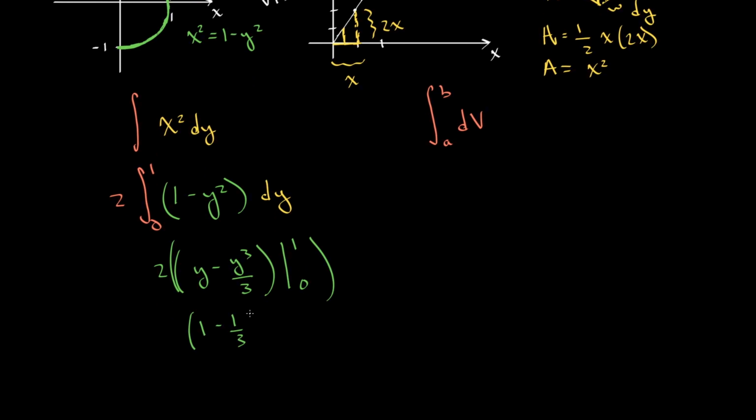And multiplying by 2, 1 minus 1/3 is 2/3, so it's 2 times 2/3. And this is 4/3. So this is our answer here. We have made it. We have found our answer to be 4/3.